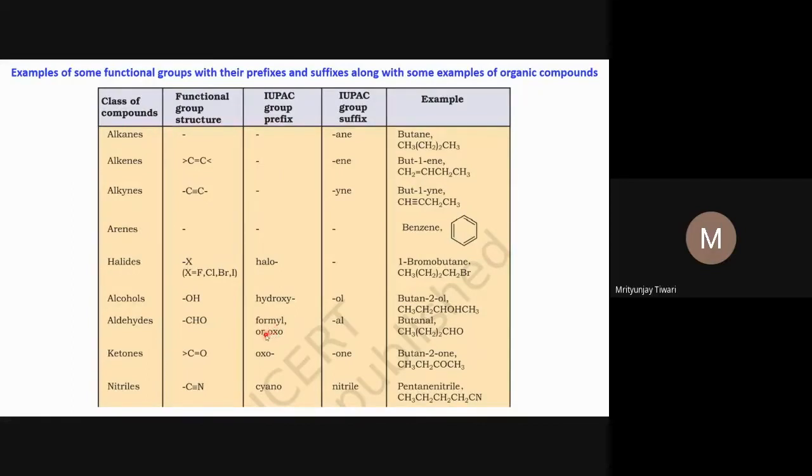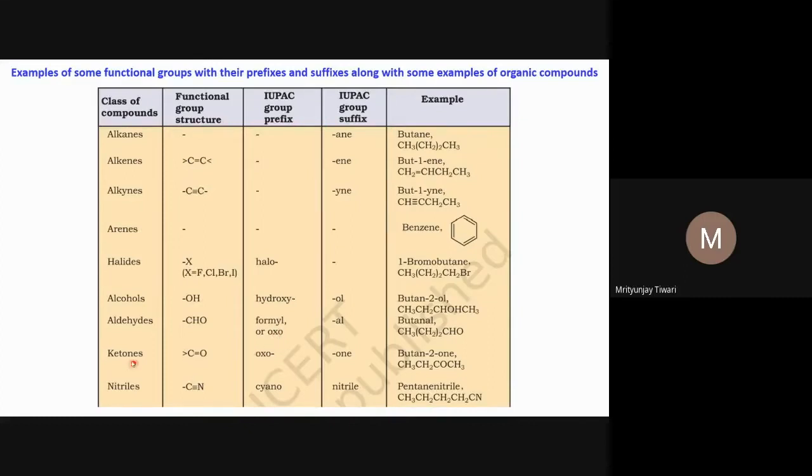Oxo, as I have said, is for the double bond O. If we just write the position of the double bond O, then we write oxo, meaning the carbon atom of the CHO is considered in the numbering. And if we consider the entire CHO group as a substituent, then we write the prefix formyl.